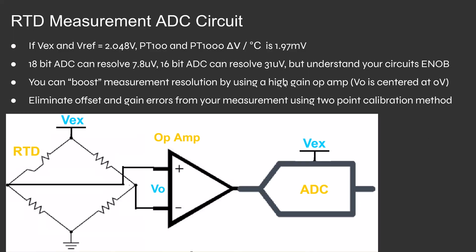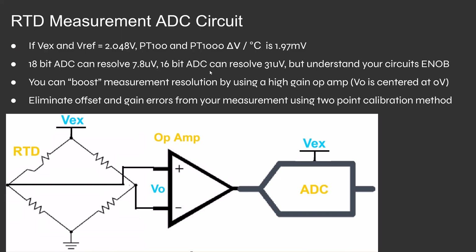What I'm showing here is based on the delta V, which is a conversion of the delta R, and our voltage reference, a per degree voltage change is about 1.97 millivolts, right? So you need at least tens of microvolts of resolution to make a very accurate or very high precision measurement. And here I kind of show, well, if we had ADCs that are 18-bit and 16-bit with the same reference, this is the type of resolution you're going to get.